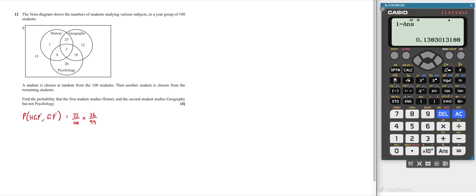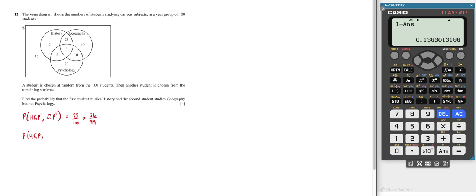I could have it so that my second person does history, but not geography, and they could have history, geography, and psychology. So history, geography, and psychology means they're in that 3 in the middle.